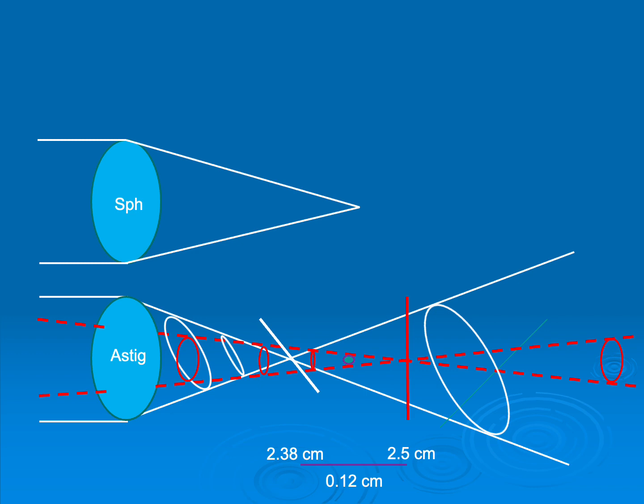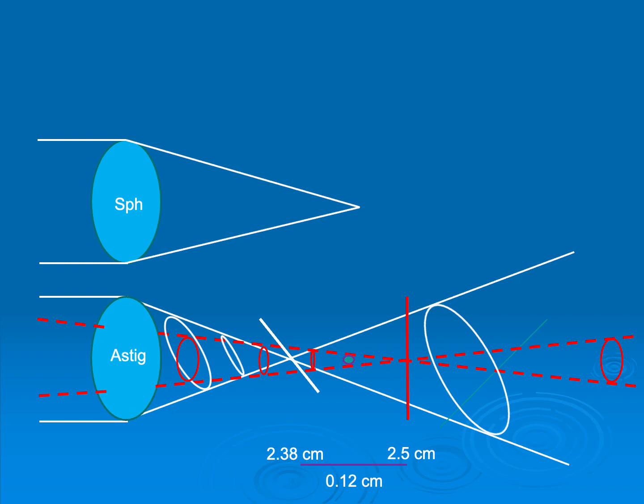But if we get to use 2 lenses, in other words, we can take a sphere and add a cylinder on top of it, which is what we did, a spherocylindrical lens, then we're going to be able to account for those 2 focal lines on either end of the conoid of Sturm, and we're going to bring those 2 focal lines together so that there is no distance between the 2 lines. Because if we can bring those 2 lines together, and that's what we were showing you with the +2 or -2 on that diagram, that is going to give your patient the absolute best vision.